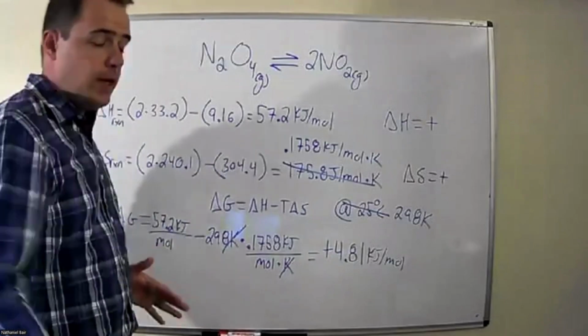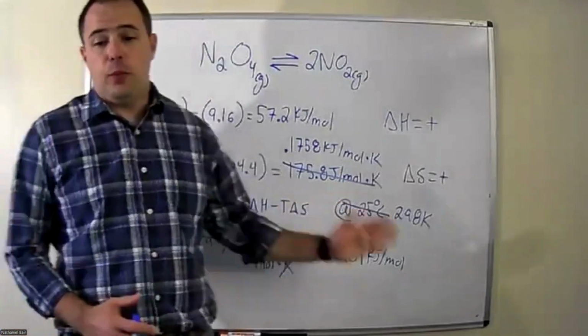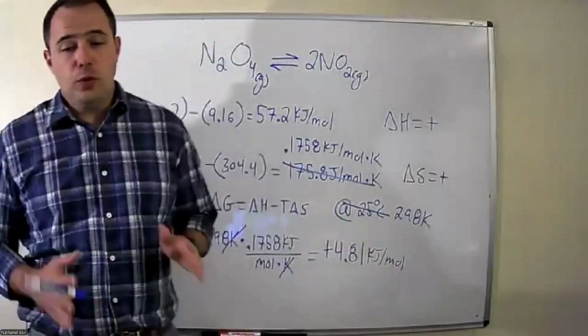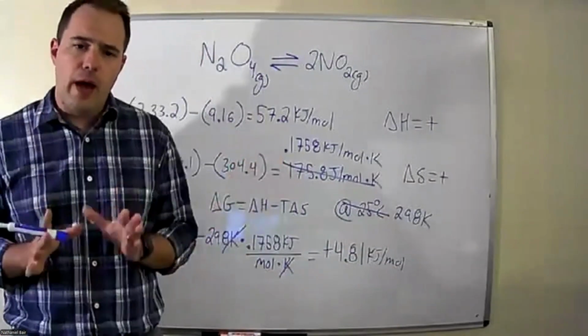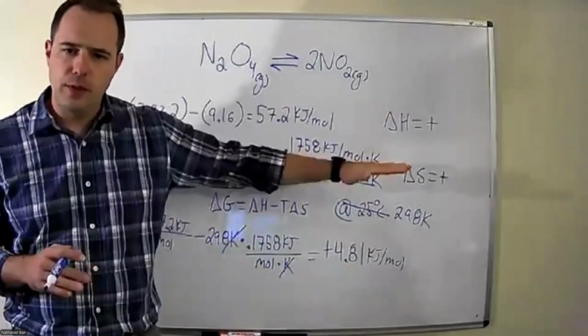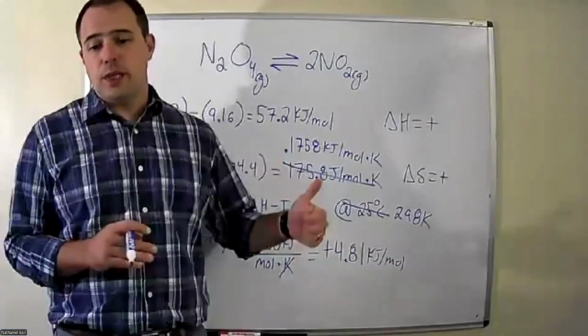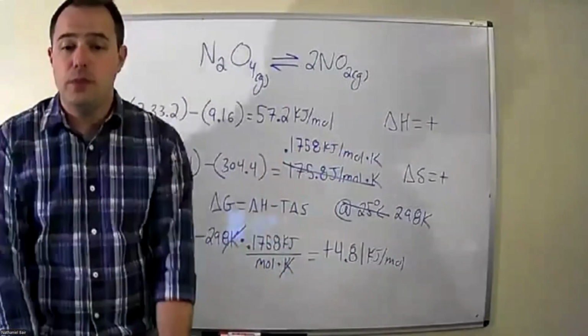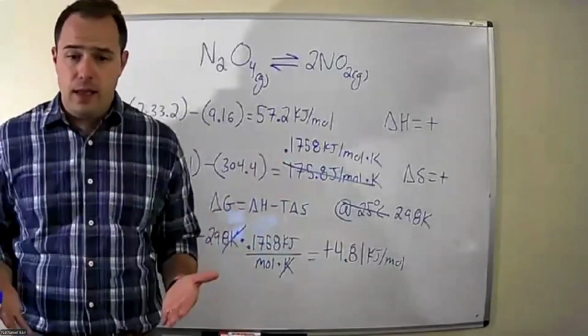If I had just used the delta G values and I found that this had a positive 4.81 kilojoules per mole, I don't know nearly as much as if I do it the long way. Since I've done it the long way, I know this is endothermic with an increase in entropy. I know it's not spontaneous now, but if I increase the temperature, it will become spontaneous. If you just use the delta G's, you don't get any of that, right?